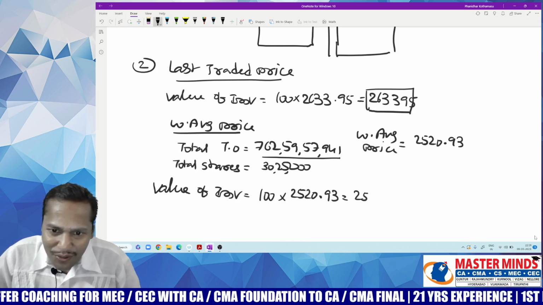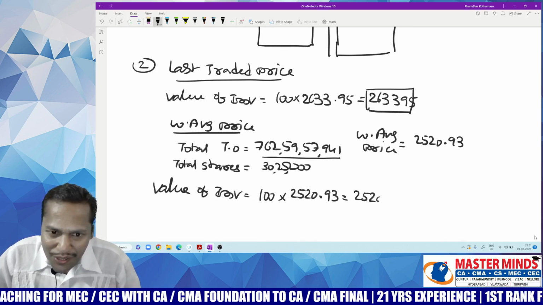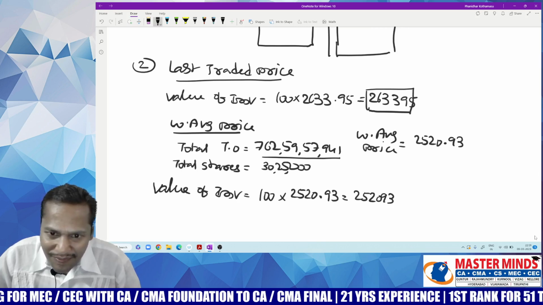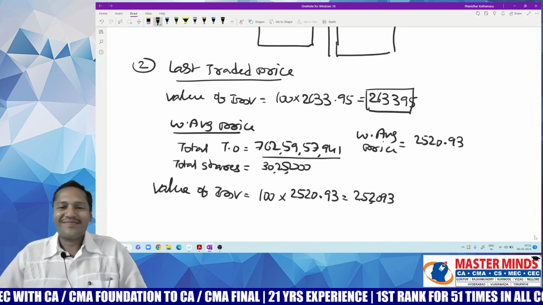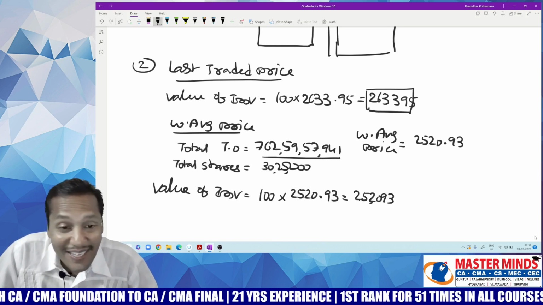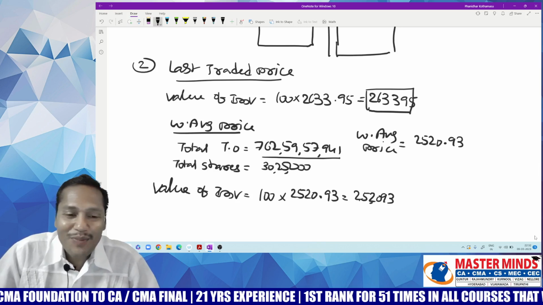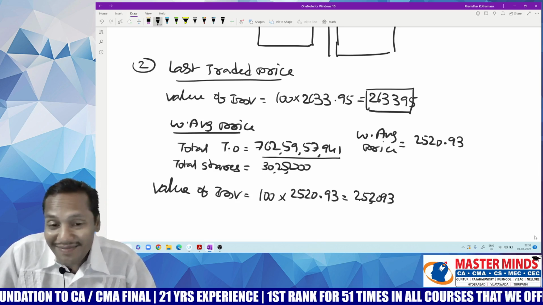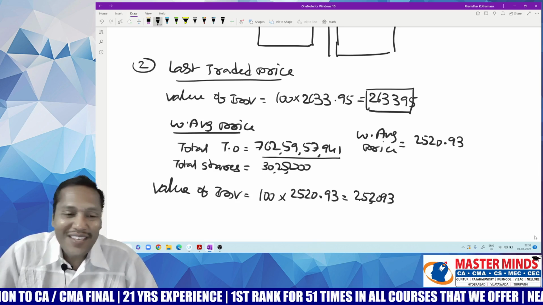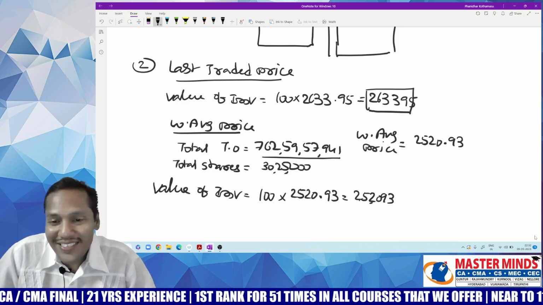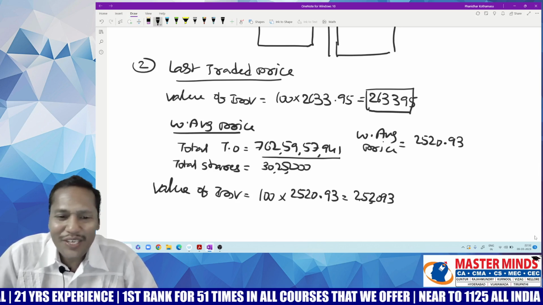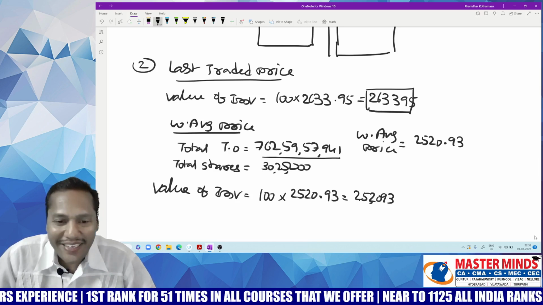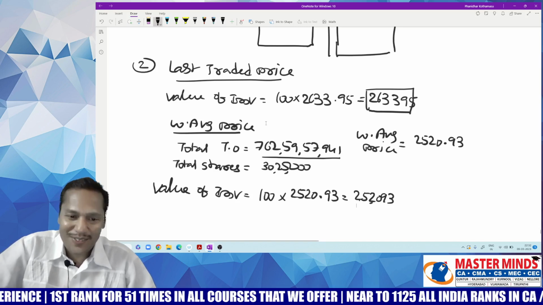This comes to 2,52,093 rupees. Here the calculation is only the weighted average price. Total turnover divided by total number of shares traded over the 12 trading sessions. This is the critical one. Based on that weighted average price we can arrive. From that we have calculated value of investment of 100 shares.